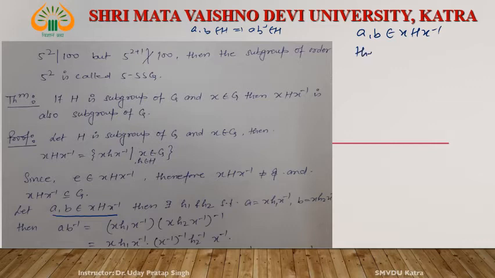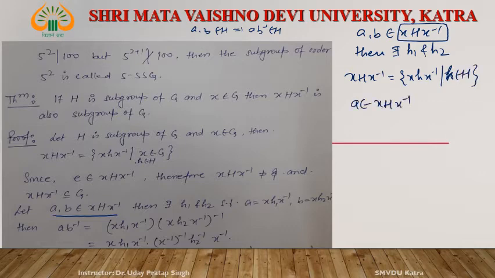Then there exist h1 and h2 such that, since a is an element of x H x inverse, and every element of x H x inverse is of the type x h x inverse where small h belongs to capital H, a is equal to x h1 x inverse and similarly b is equal to x h2 x inverse.